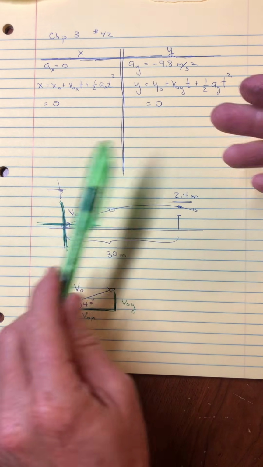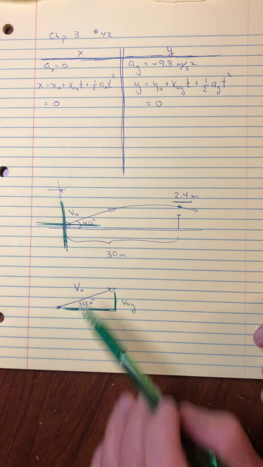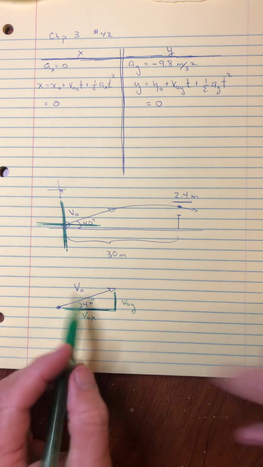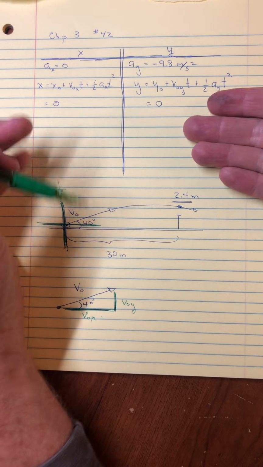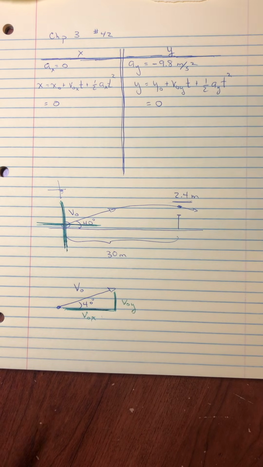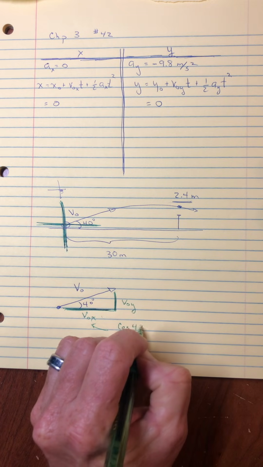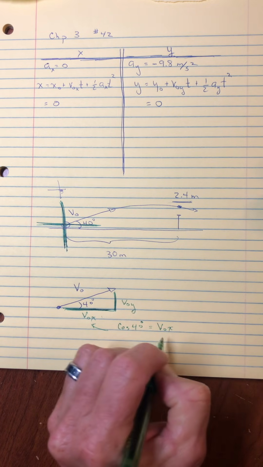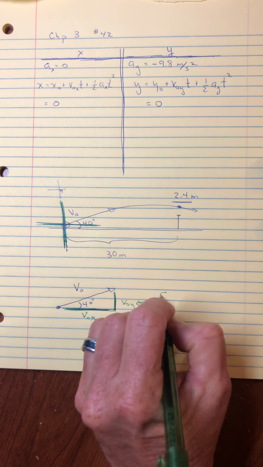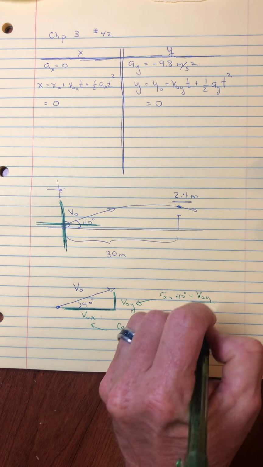And for this type of problem, thinking of the two different speeds and realizing they're equivalent is really nice because they only describe one speed and an angle, but we need to put them into our formulas as separate speeds, a speed in the x and a speed in the y, because that's the way nature treats it. So this right here would be cosine of 40 degrees equaling the initial speed in the x direction over initial speed. And this, using sine of 40, would be the initial speed in the y.